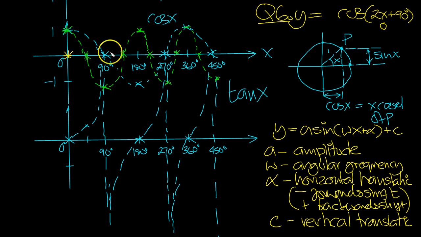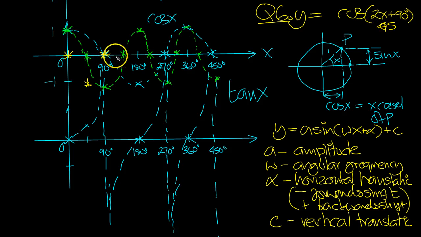And then if we put in 45 now, we get cos 180, which is minus 1. So at 45, it's minus 1. And then if we put 90 in as input, 2 times 90 is 180, plus 90 is 270, cos 270 is 0.